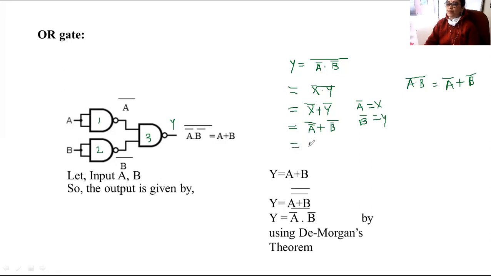Therefore, it will become A and this will become B. So Y will be equal to A plus B. And this equation is of OR gate. And hence, the circuit we have drawn will act as a OR gate. Okay. So are you clear about this?